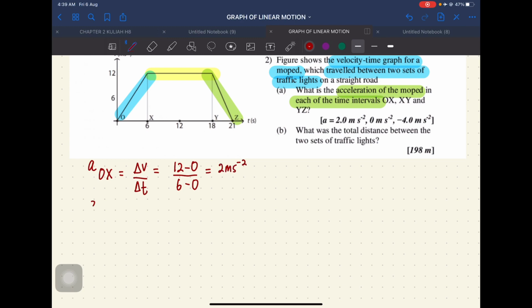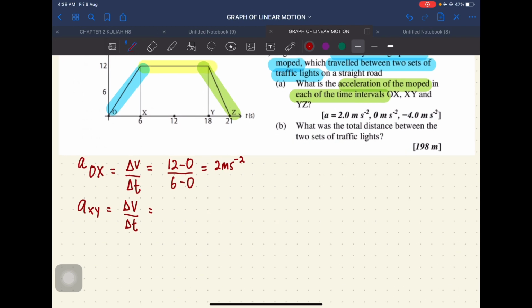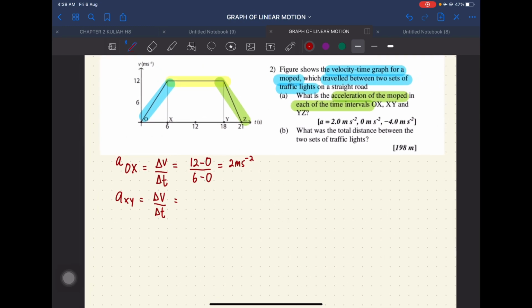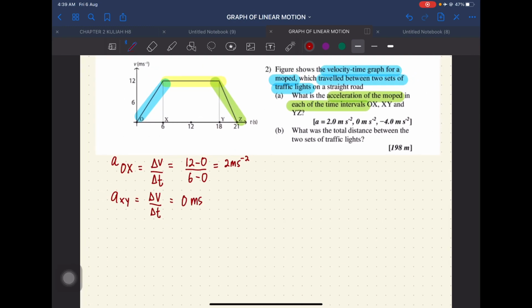Okay, next is A_XY. Same formula, a equals delta V over delta T. Okay, so this one has no gradient, is it? Because it is constant velocity, so the acceleration is zero. Okay, so next for A_YZ, a equals delta V over delta T. How to calculate gradient?